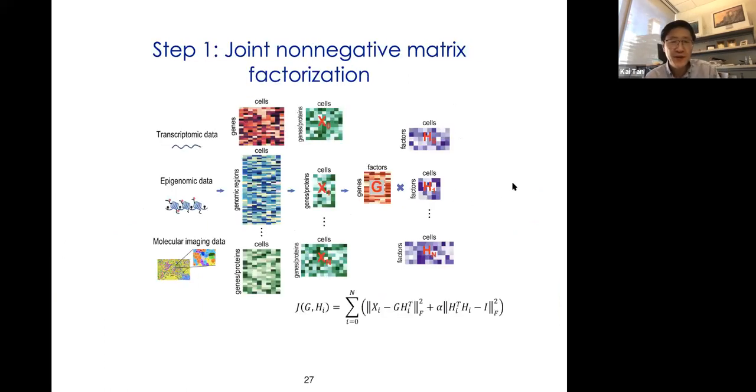The first step of the algorithm is to do a joint dimensionality reduction of the different data modalities. Here, for each data modality, the data can be represented as a matrix. So we use joint non-negative matrix factorization, a well-known algorithm, to do this. The result of this step is a set of shared latent features for the multimodality data, as shown here.